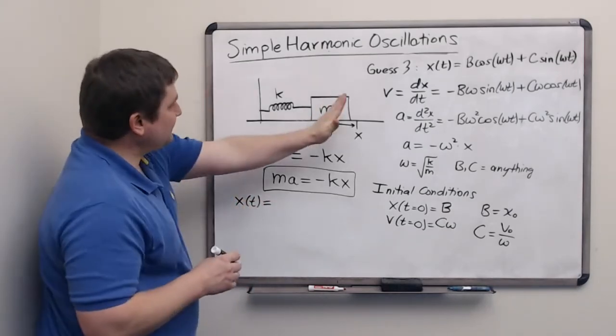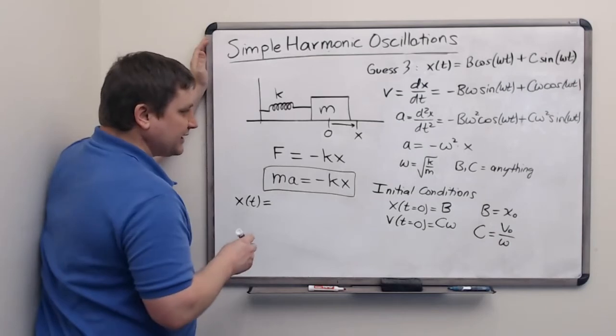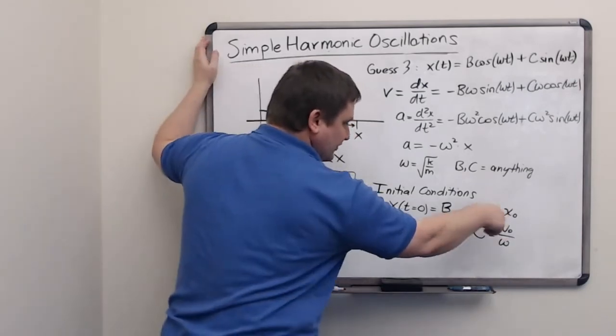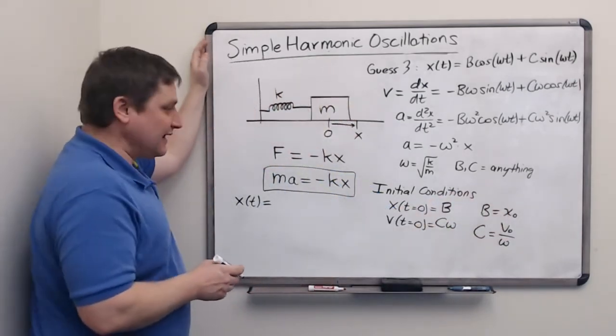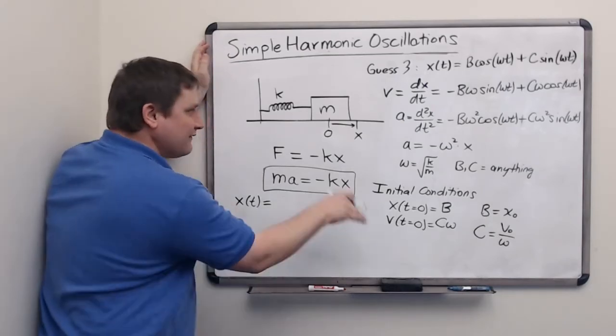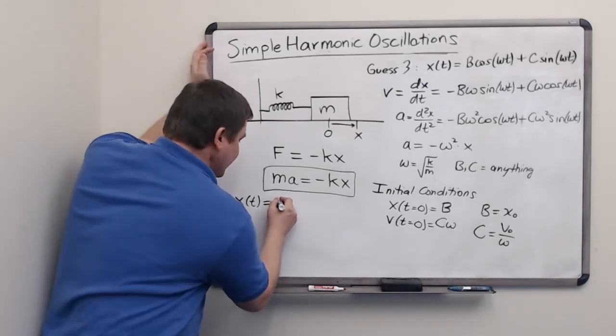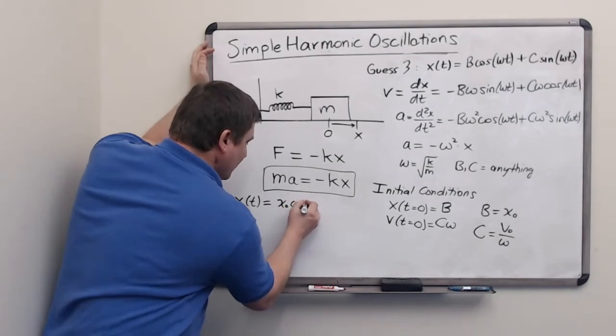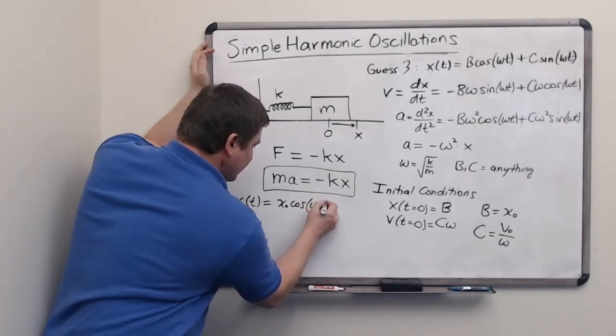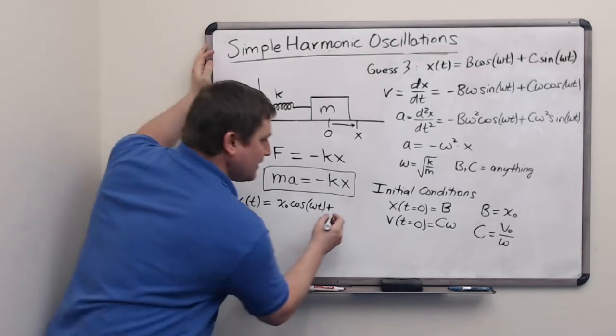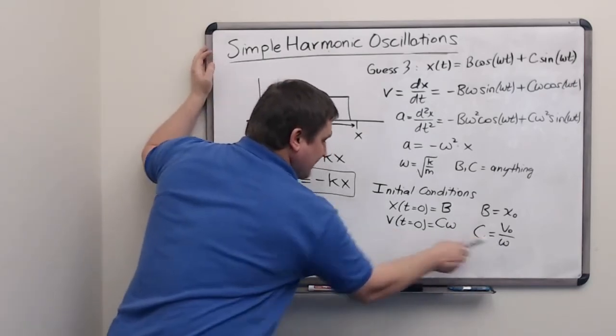So here's our most general solution for this simple harmonic oscillator. I'll plug in the physical initial conditions instead of using the b and c constants anymore. We're kind of done with those. We know it's going to be x0 cosine omega t plus, and then the c constant is v0 over omega.